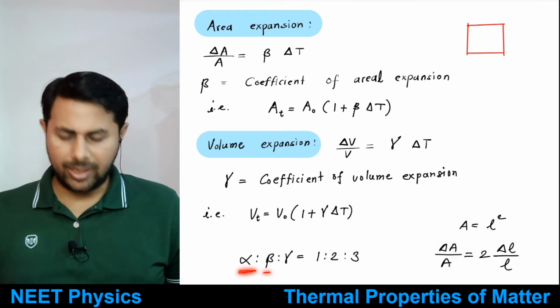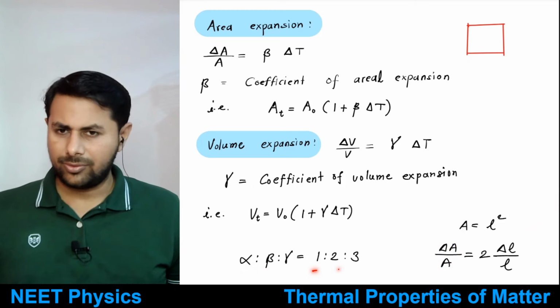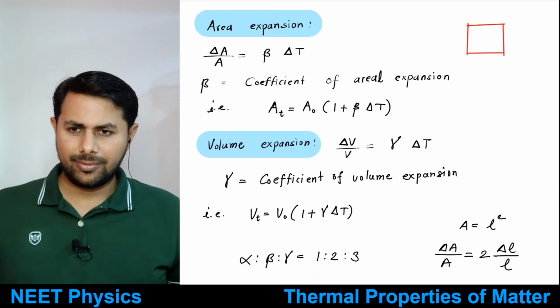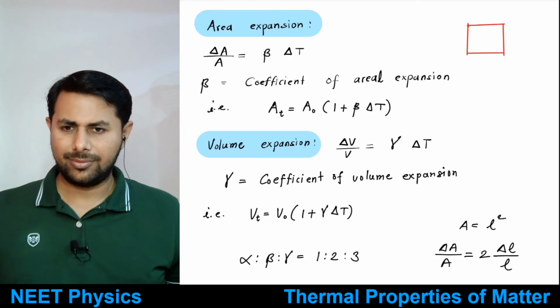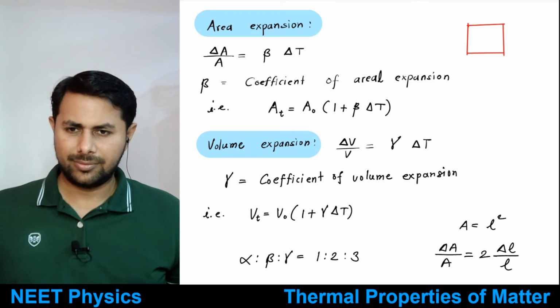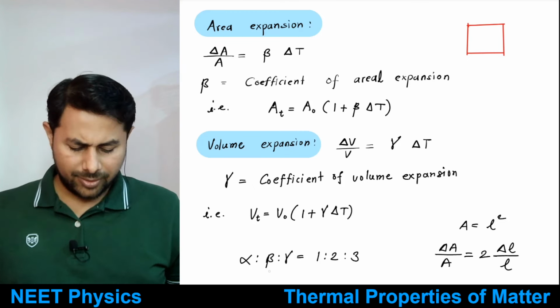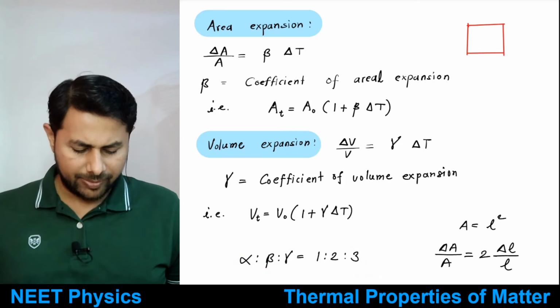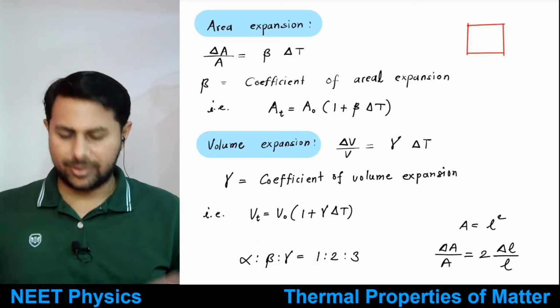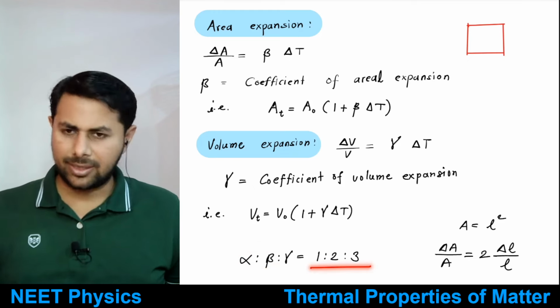And therefore what would be alpha is to beta? 1 is to 2. Right? Yes, no? Okay. So we can very easily find out this relation that alpha is to beta is to gamma, 1 is to 2 is to 3. Okay. So let's just remember this.